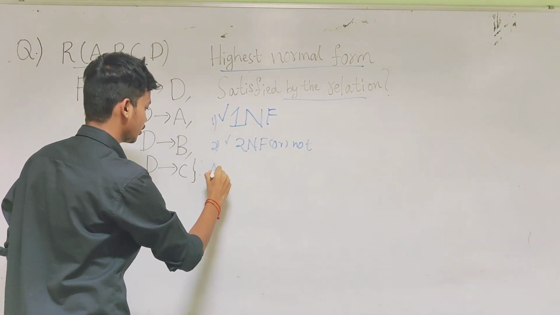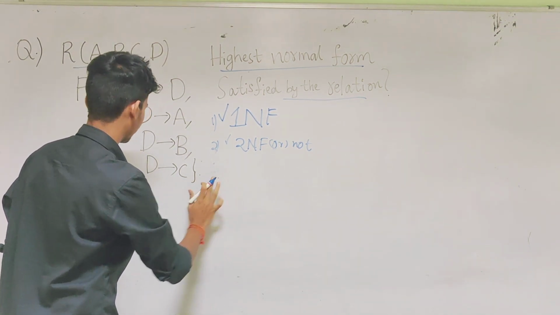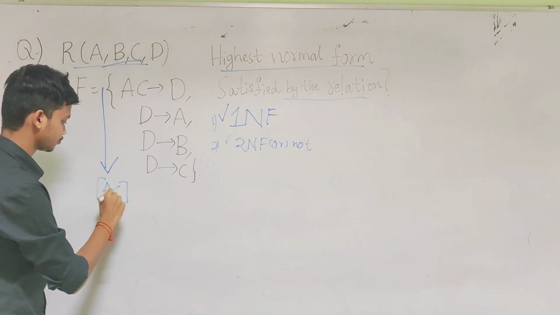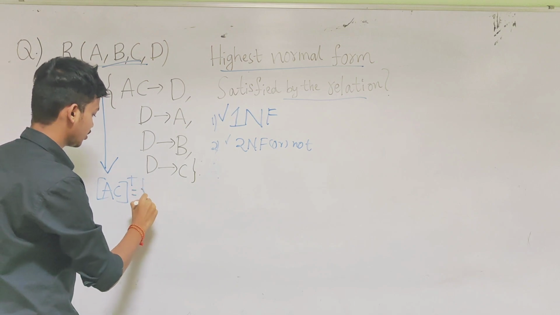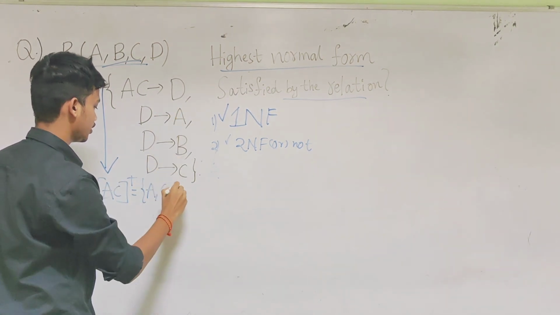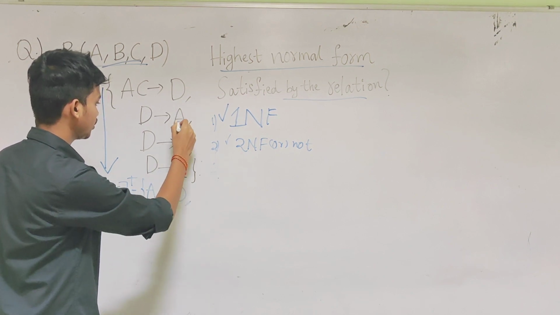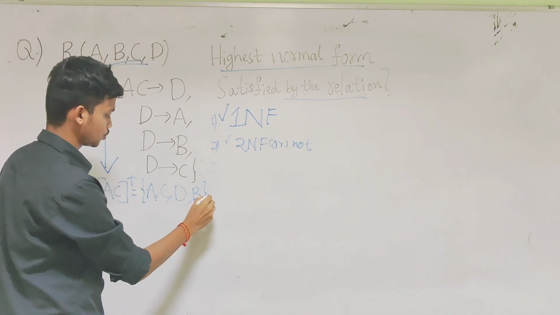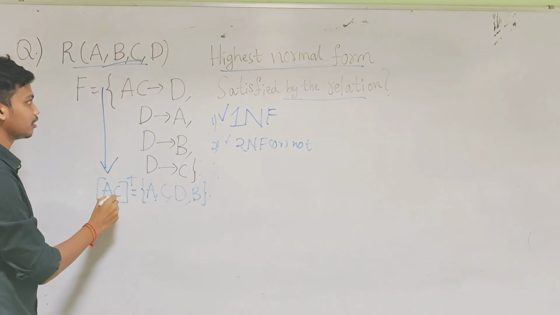First I am doing the AC closure. I will get A, C, D. With D I can get A, B, C also. I can get B. So AC is a candidate key.